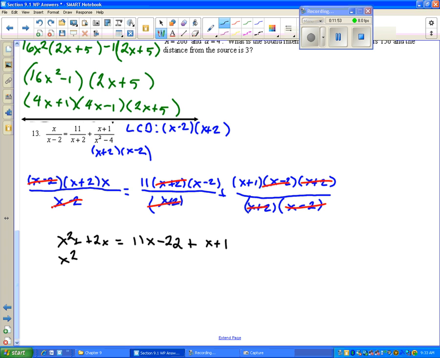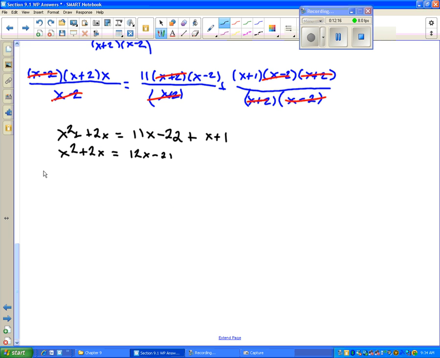So this is x squared plus 2x is equal to 12x minus 21. 11x plus 1x is 12x. Negative 22 plus 1 is negative 21.